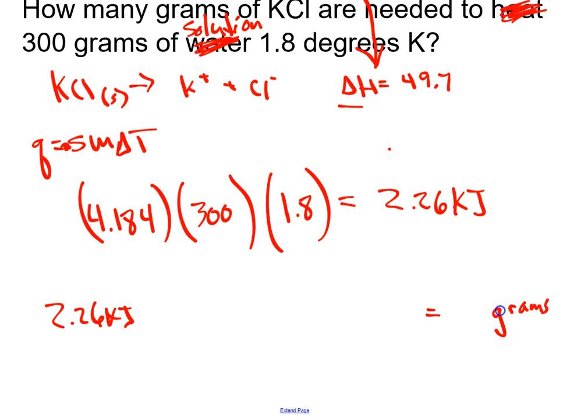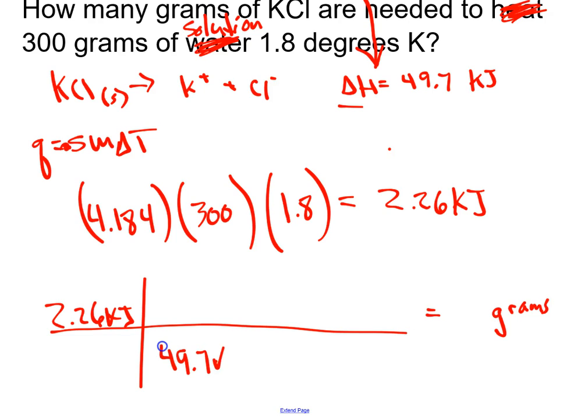Grams. So I'm going to do a little picket fence here. What do I need to get rid of? Kilojoules. Do I have a kilojoule anywhere else? It's right here, right? You with me? It's this piece right here. 49.7 kilojoules.